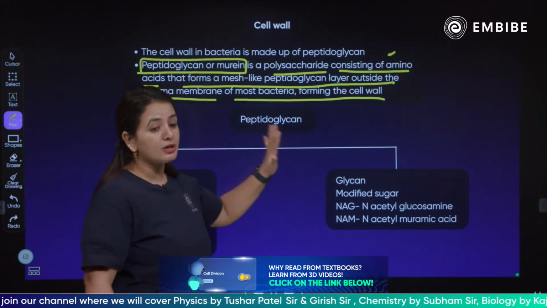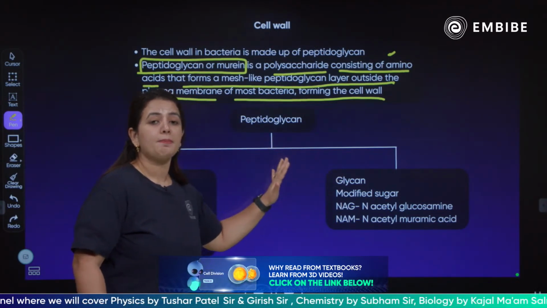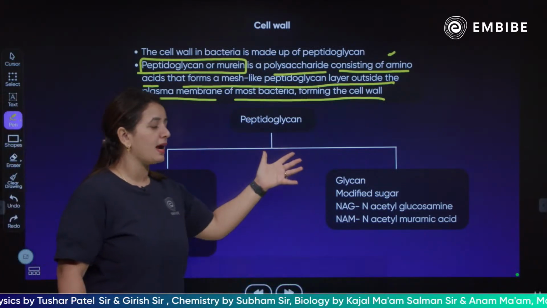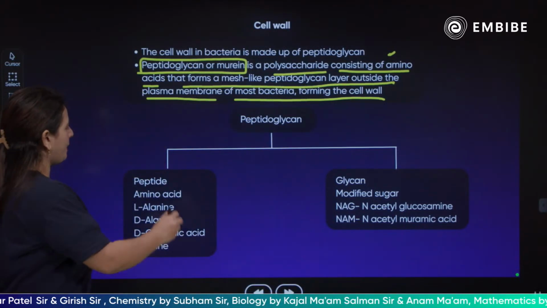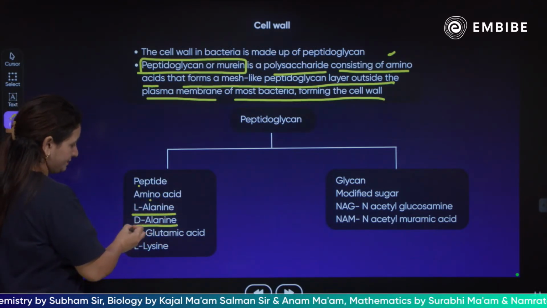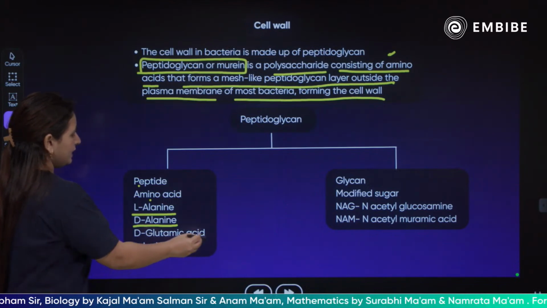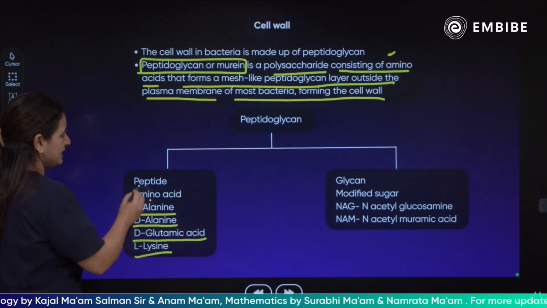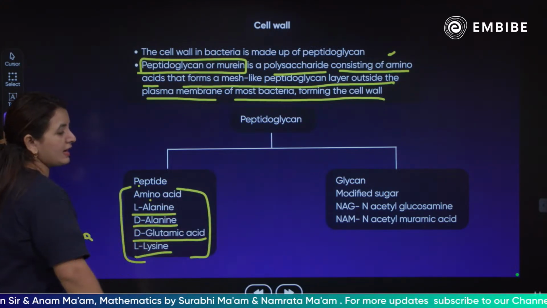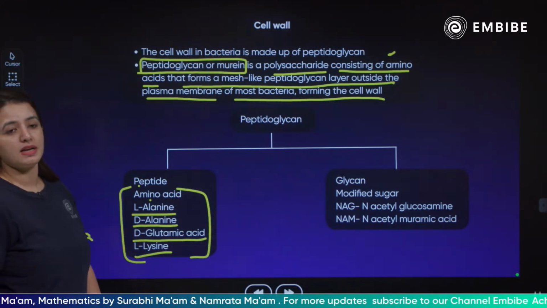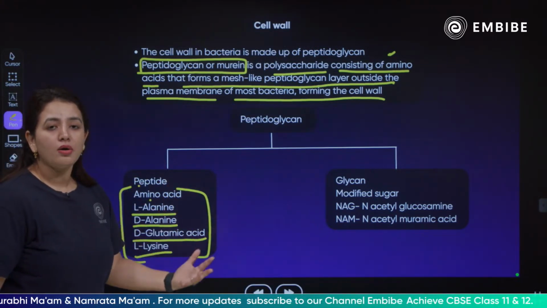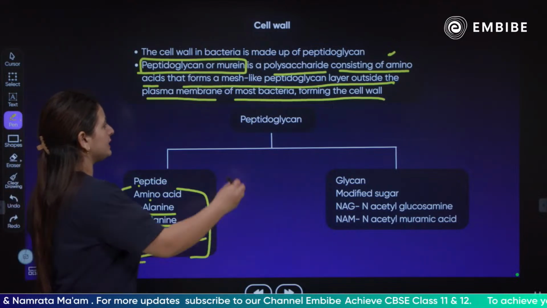Let's see what components exist in the peptidoglycan. We have peptides, the amino acids L-alanine, D-alanine, D-glutamic acid and L-lysine. These are all amino acids, because the peptidoglycan consists of both proteins and carbohydrate, and proteins are nothing but long chains of amino acids.